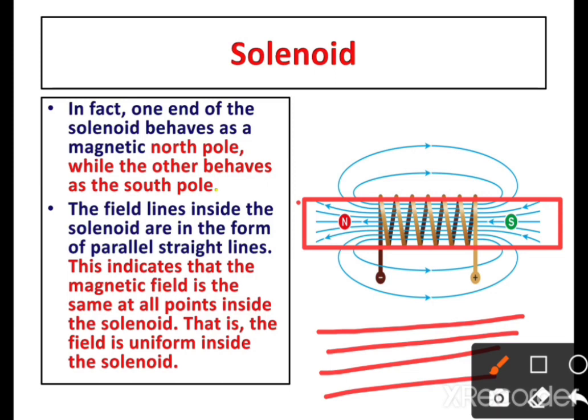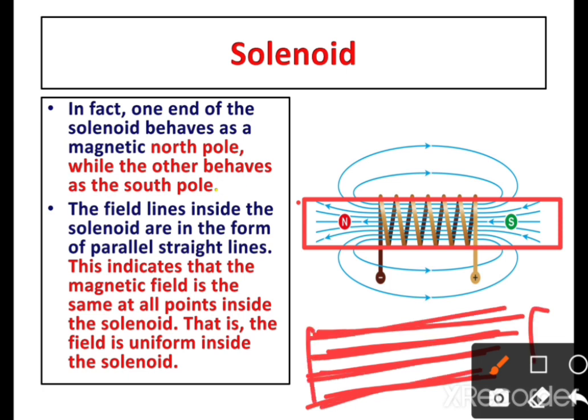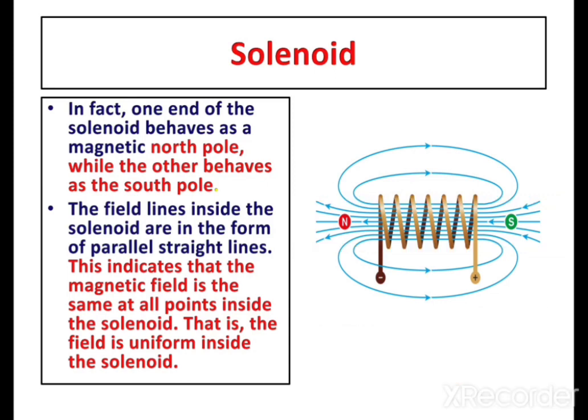So, when the magnetic field lines are parallel and straight, this indicates that inside the solenoid, the strength of the magnetic field is the same at all points. That means the field is uniform inside the solenoid. Do you understand?